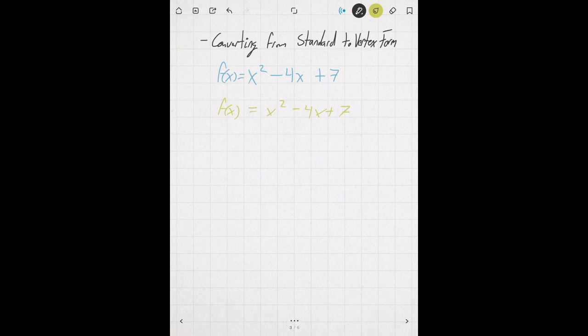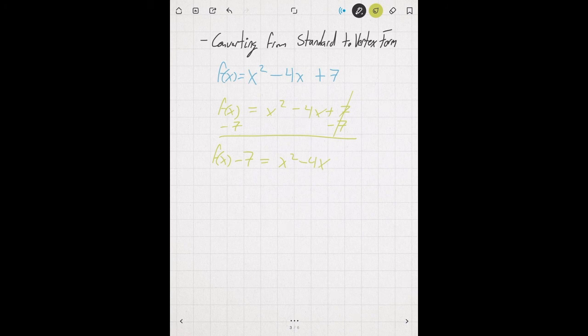What we would do first is we would move the number over. We would move the c value over. So over here we would have f of x minus 7 equals x squared minus 4x.